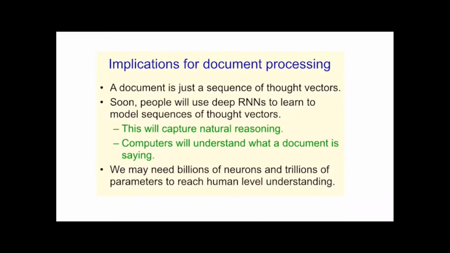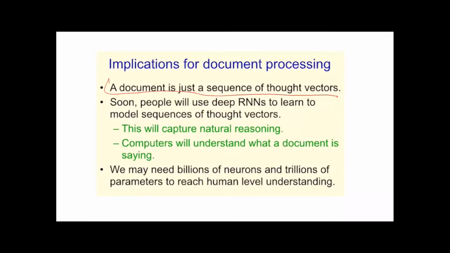So now, the key outcome, and the somewhat scary outcome, is this. There are implications for document processing, because a document is just a sequence of thought vectors. So Geoffrey Hinton predicts that soon people will use deep recurrent networks to learn to model sequences of thought vectors.